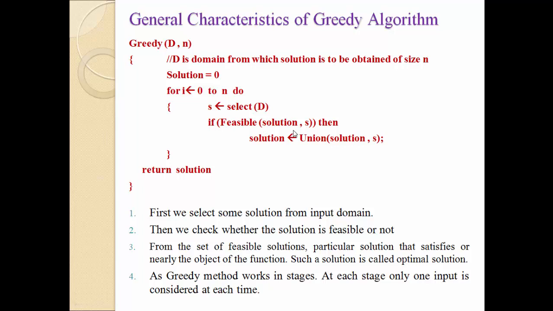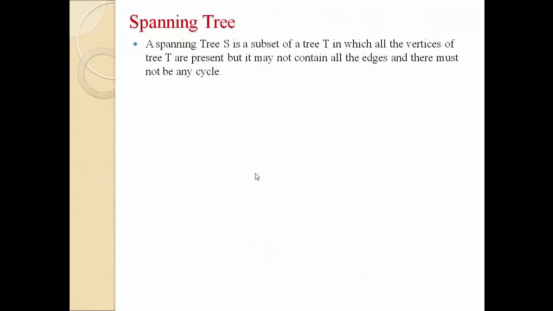So at every stage we identify one best solution and store it inside the solution set until we get the solution of our final problem, and then we return the solution. This is the simple method of greedy, in which we find the solution of any problem, and because of this it is known as greedy, a short-sighted method.